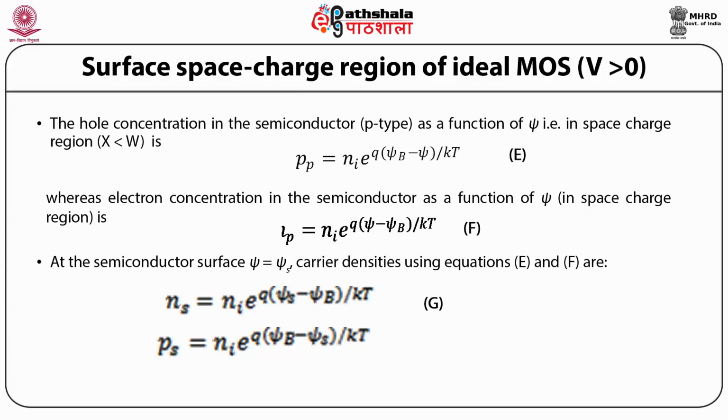Here we can replace Ni exponential q psi Bp by capital Na, the concentration of acceptor ions, multiplied by exponential of minus q psi sp by kT.